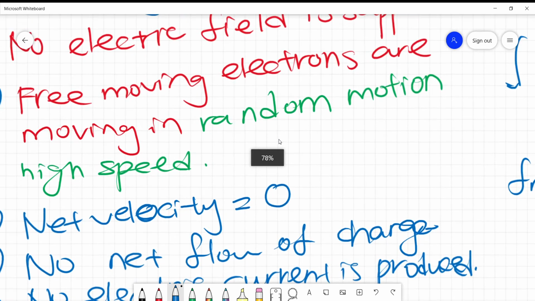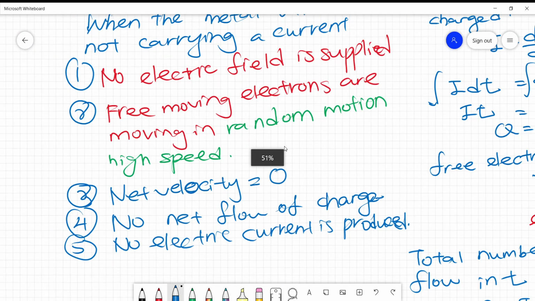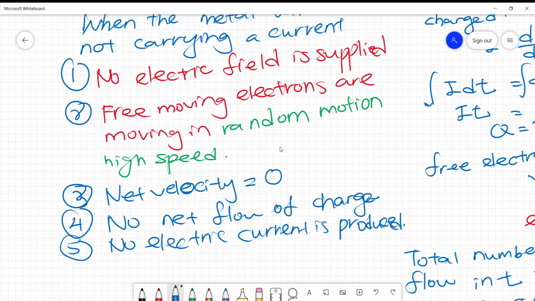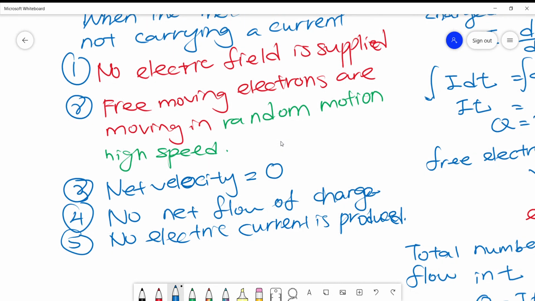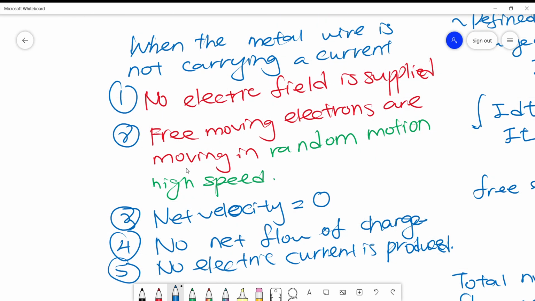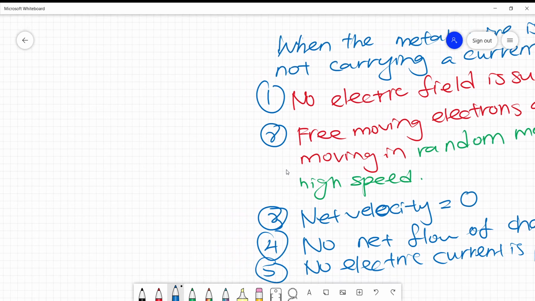Third, the high speed of the free moving electrons causes no net velocity from one point to another. If the net velocity is 0, there is no net flow of charge, and thus no electric current is produced. This is the discussion about the metal wire not carrying a current.